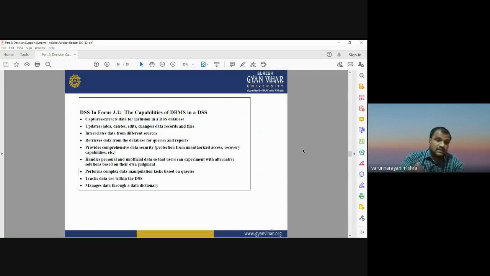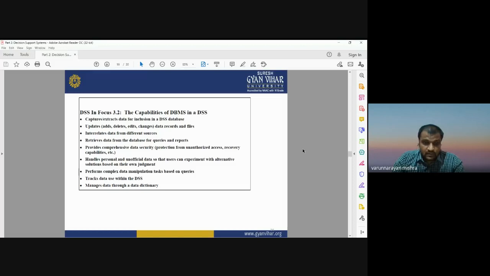It should also have a facility for personal and unofficial data so that users can experiment with alternative solutions based on their own judgment, and perform complex data manipulation tasks based on queries, and track the data used within the DSS. It manages the data through a data dictionary.